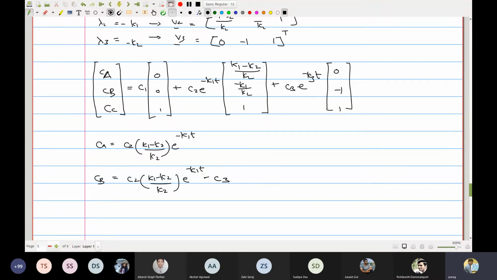So that is not very crucial. C3 e to the power minus K2t, right? And CC is C1 plus C2 e to the power minus K1t plus C3 e to the power minus K2t.